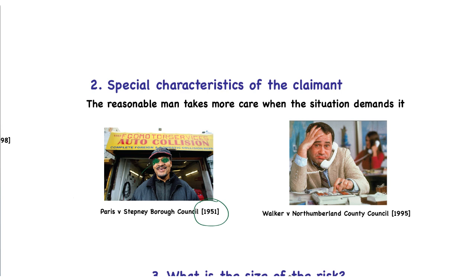If a worker with two good eyes had lost the sight in one eye, they'd still have the sight in a second eye. Where a defendant knows of an increased risk, more care must be taken. So increased risk equals more care. Your standard of care increases.